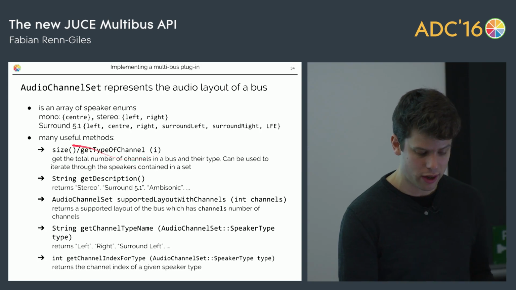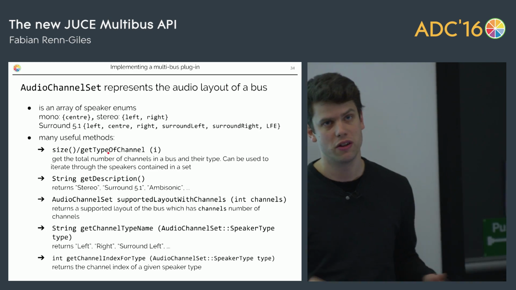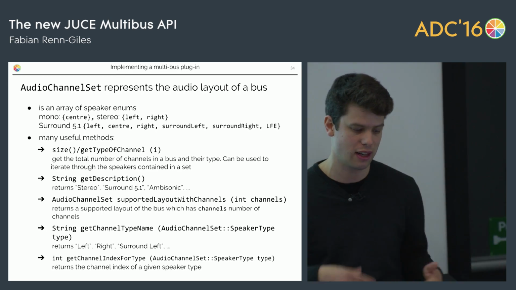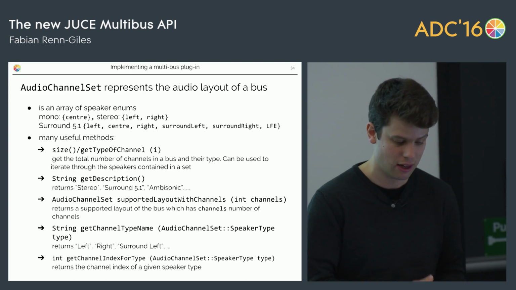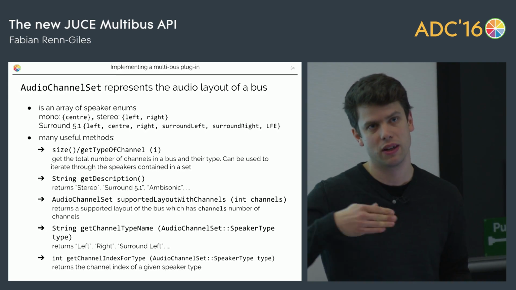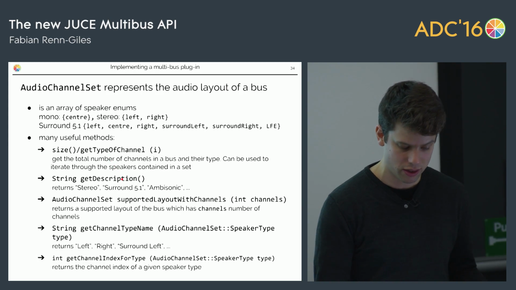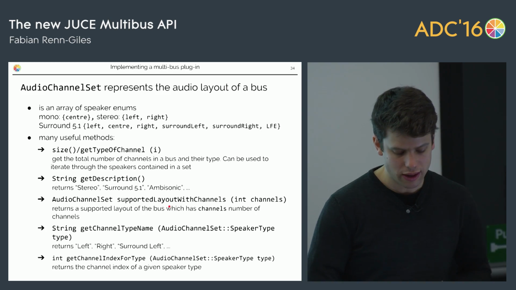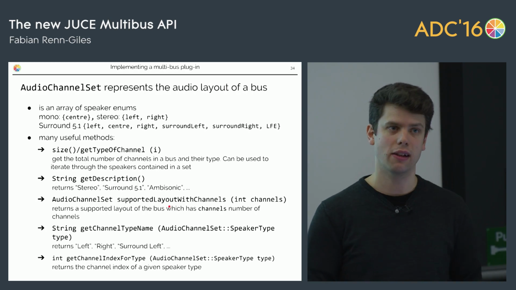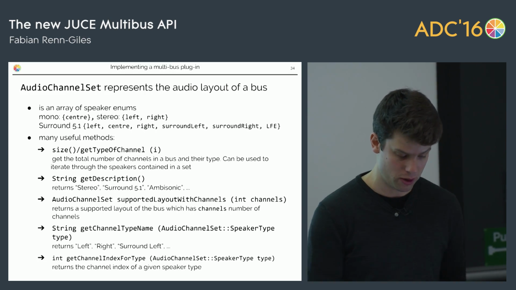The most important ones are size and get type of channel. Size returns the number of speakers in the list, and get type of channel gets the particular speaker in that list. So you can iterate through all the speakers on your audio bus. You can get a string description. You can ask the plugin, hey, I want a layout with 5 channels. Like, what audio channel set do you support?